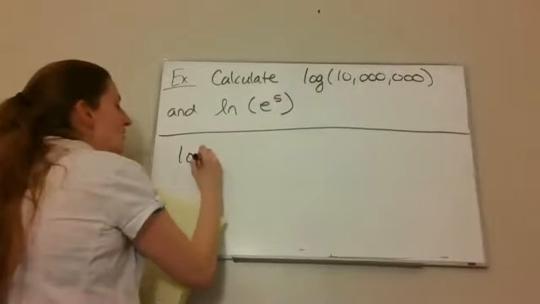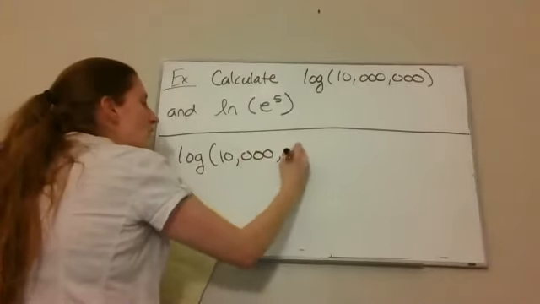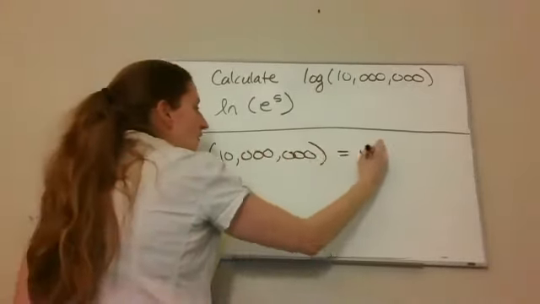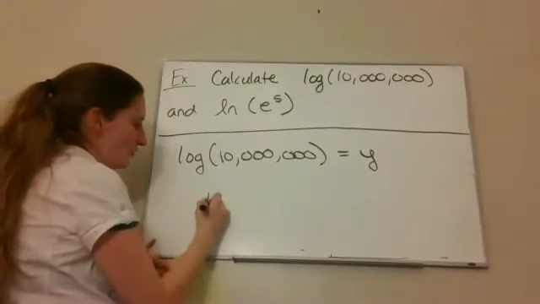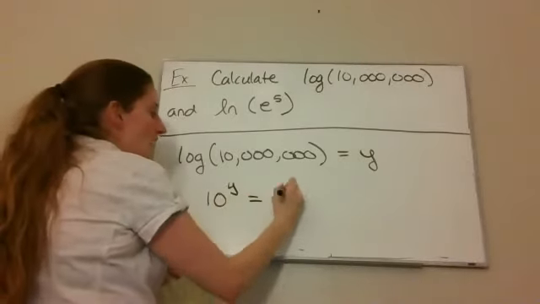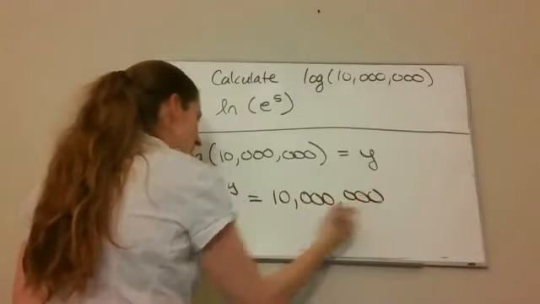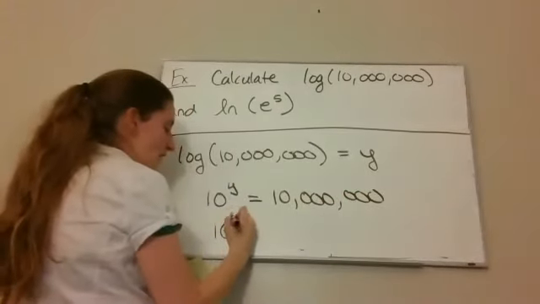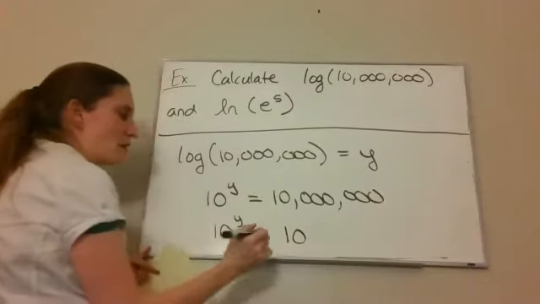So I know log of 10 million is going to be equal to something, so I'm going to call it y. And now I can rewrite this in exponential form. 10 to the y equals 10 million. And now I just have to figure out, can I rewrite this right side so it's 10 to some power?